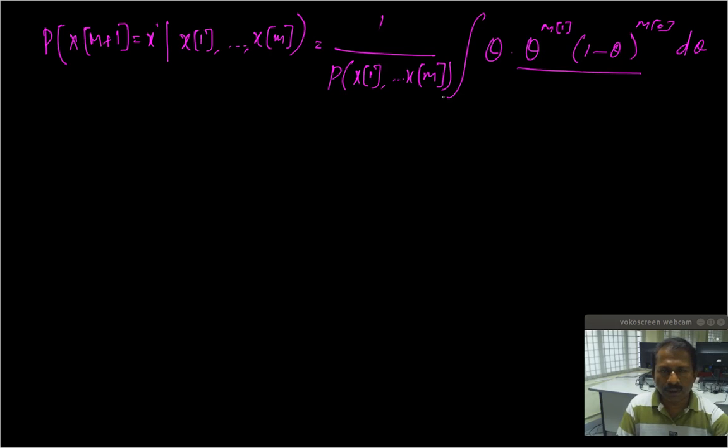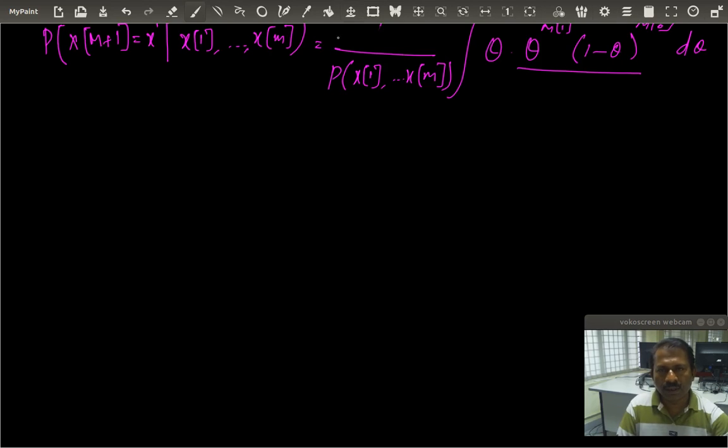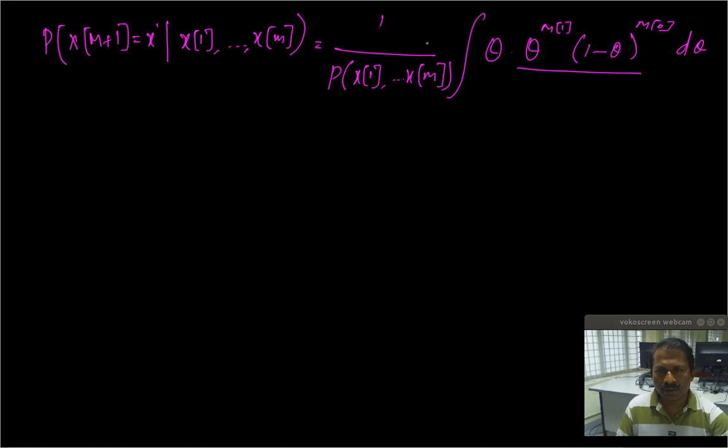We are integrating over all possible values of theta in the range 0 to 1, and this becomes the normalization.